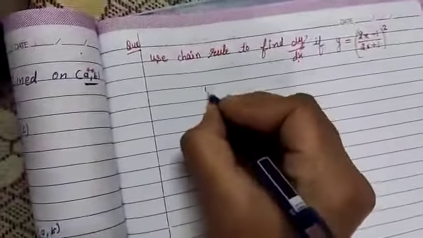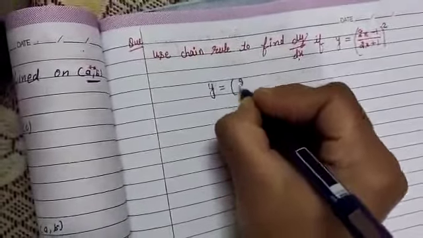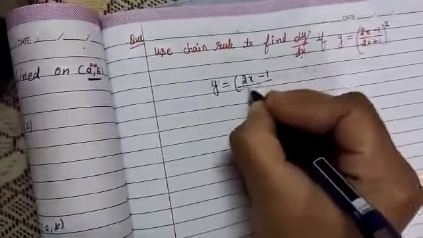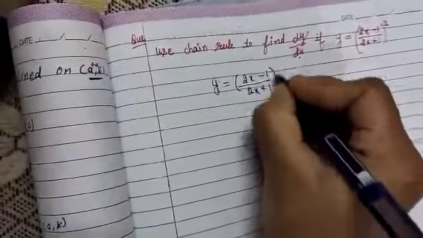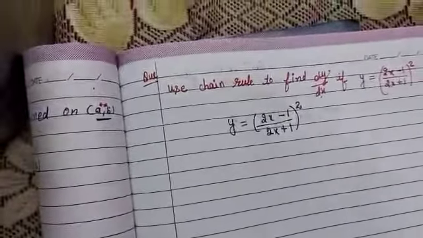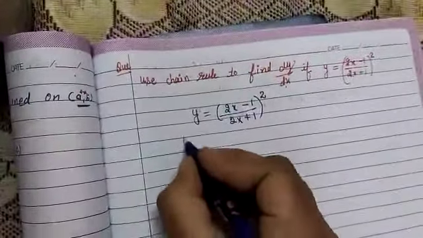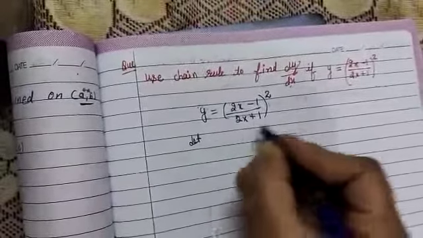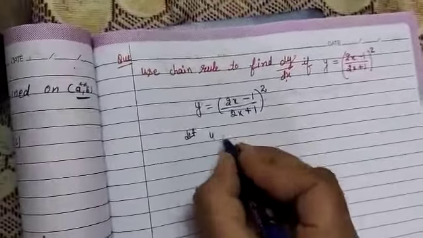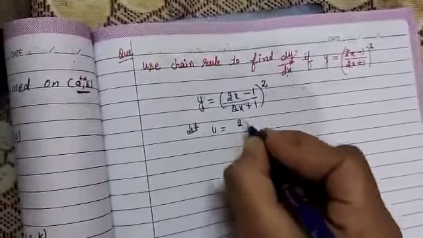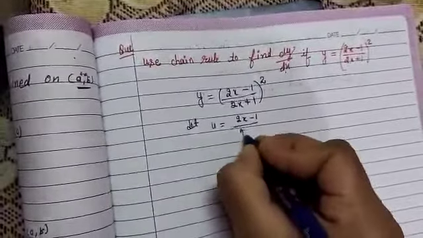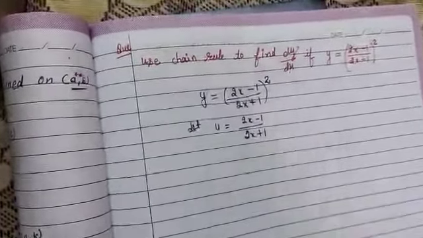So I am taking y equal to 2x minus 1 upon 2x plus 1, whole square. First of all, take this thing as u. Let u equal 2x minus 1 upon 2x plus 1.